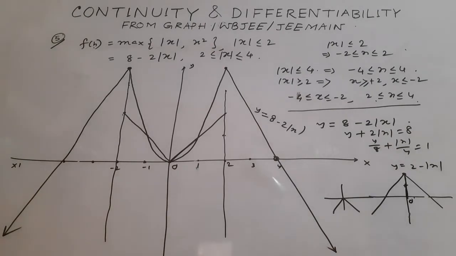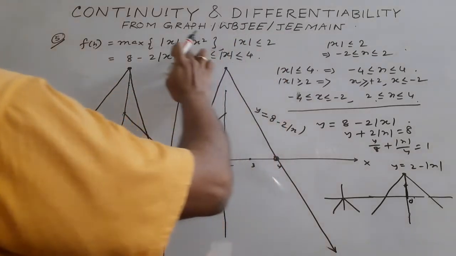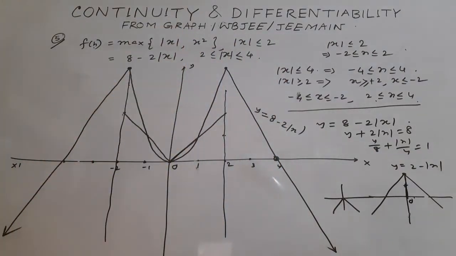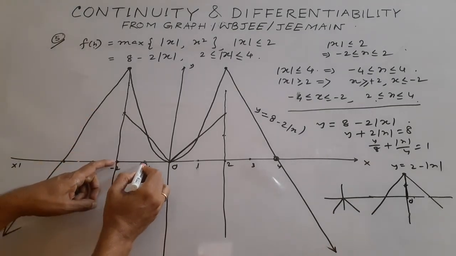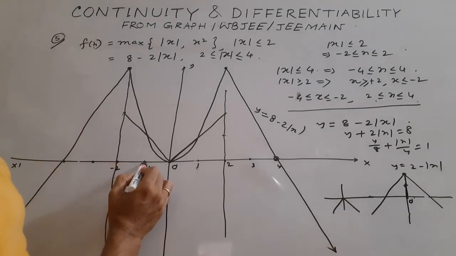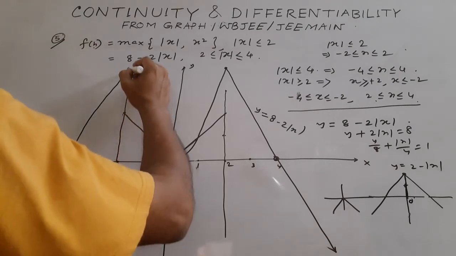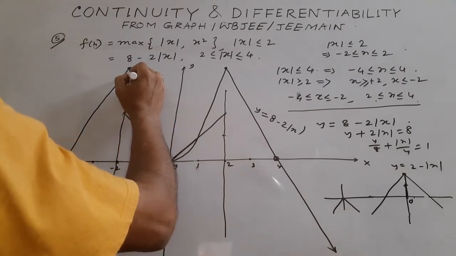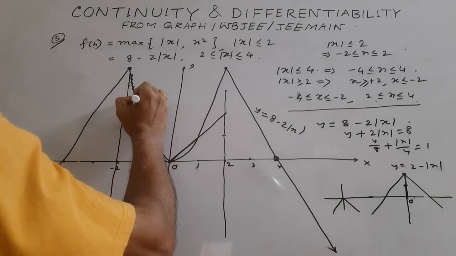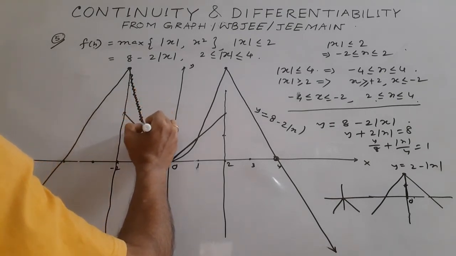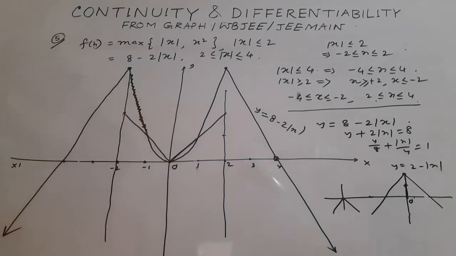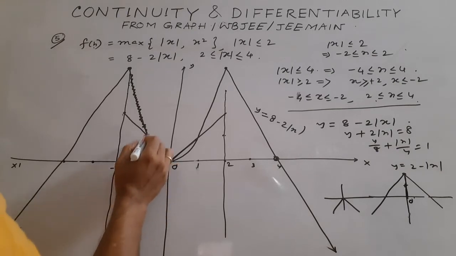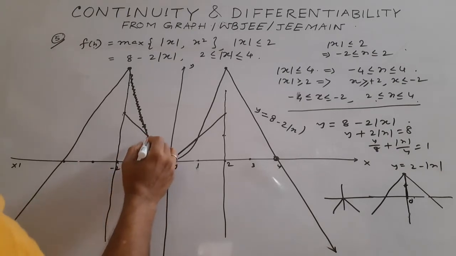Now you see the restriction. In minus 2 to plus 2, we take the maximum of mod x. So minus 2 to minus 1. Look, what is the maximum here? So this part, we are getting this part. This is maximum, and the point of intersection is minus 1.